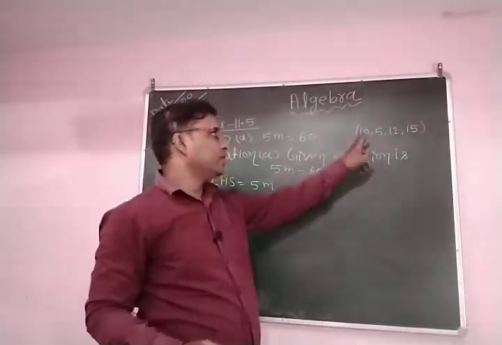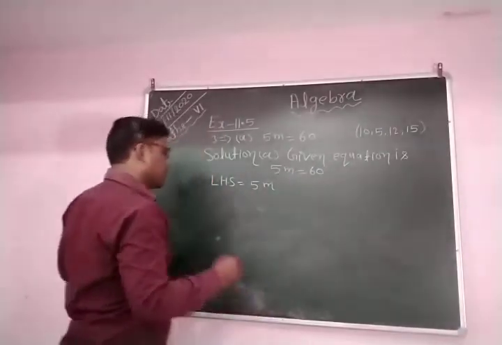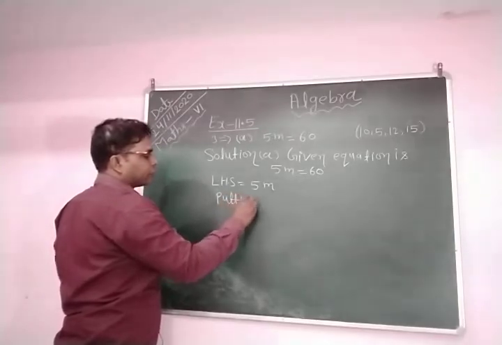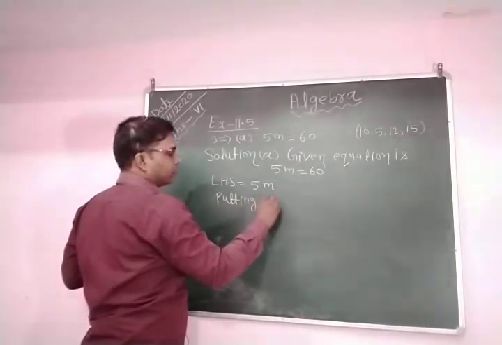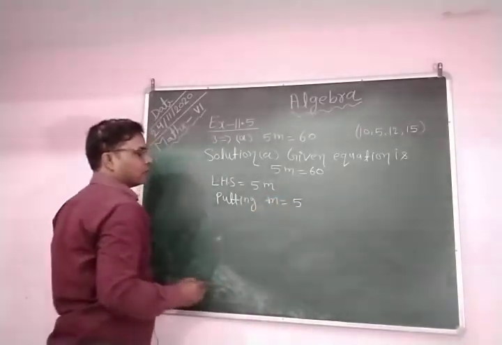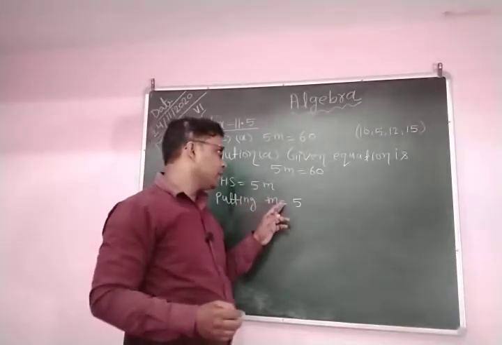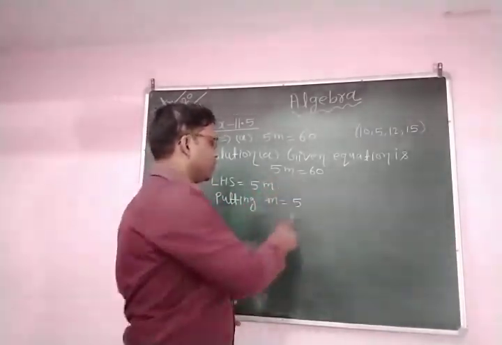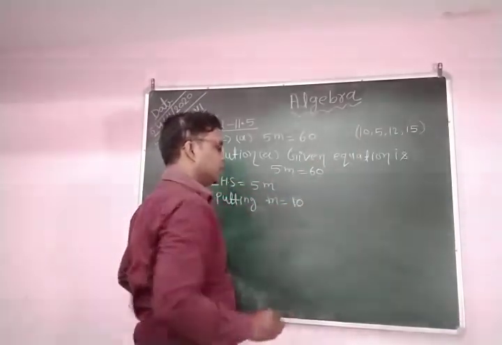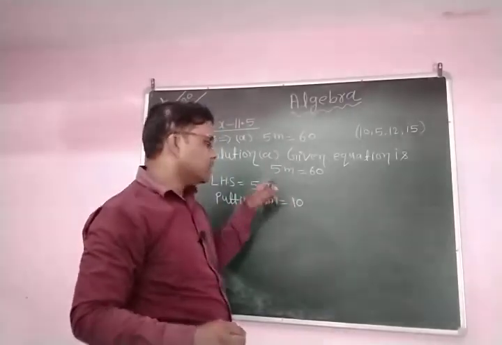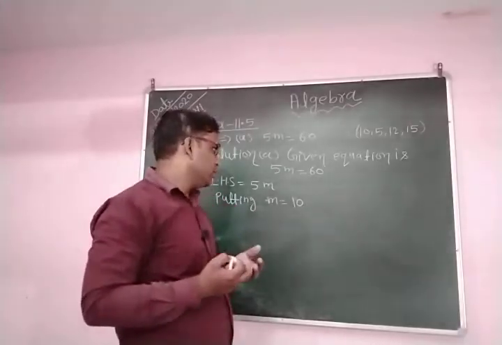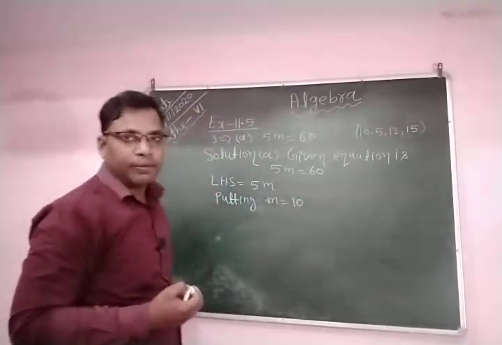The value of m is given as 10, so first we take m = 10. If you put m = 10 here and get 60, which is the right hand side, then you can say m = 10 is the solution of the given equation.